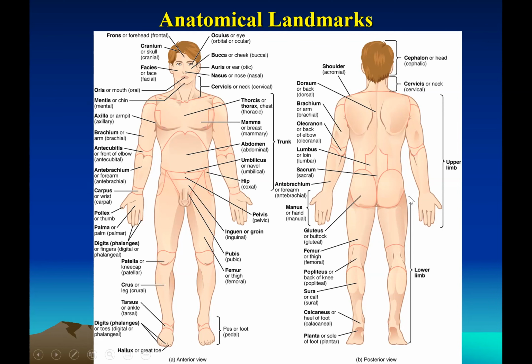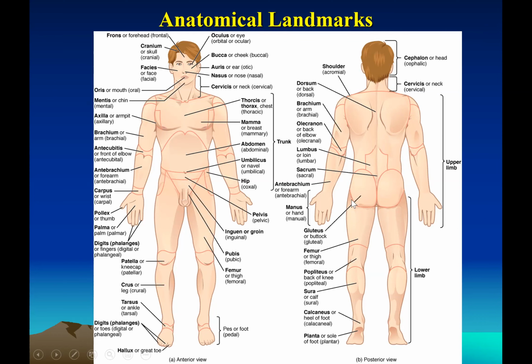In the posterior or back of your body, you can see again, cranial or cephalic. Shoulder is acromial. Olecranon is the back of your elbow. Dorsal is your back. Lumbar is your lower back. Sacral, that's where your sacral bone is.